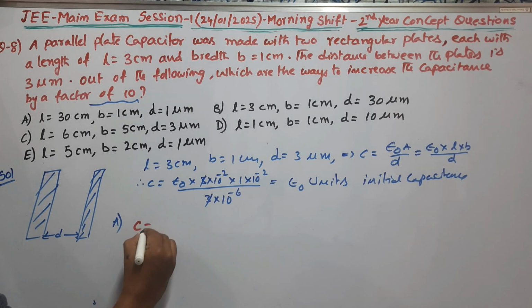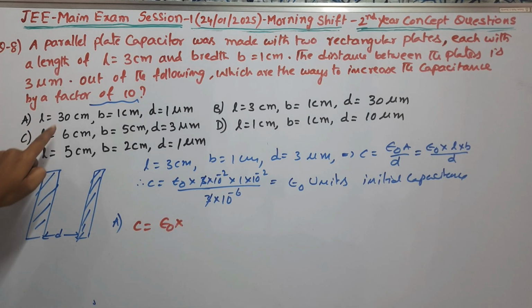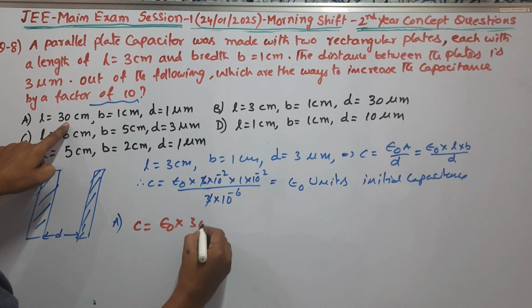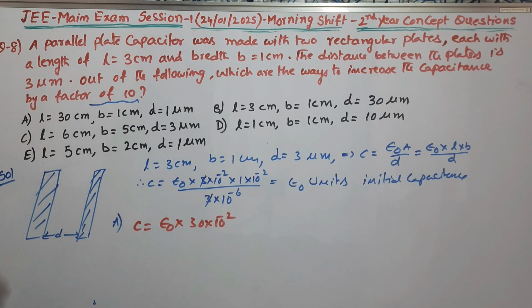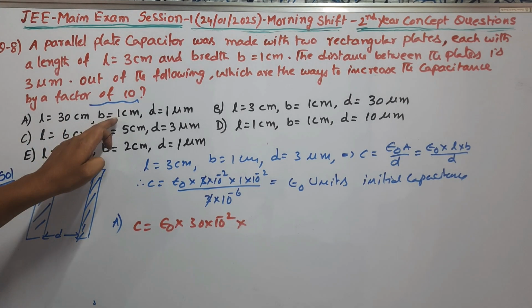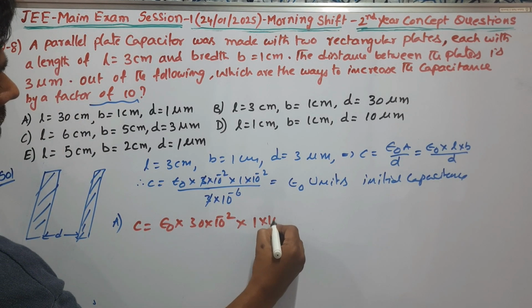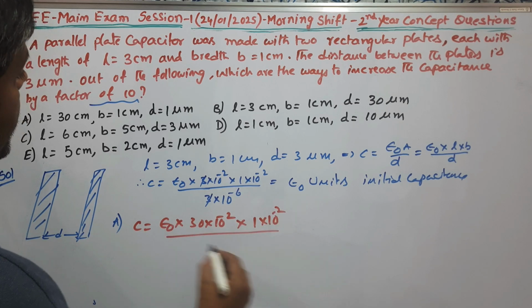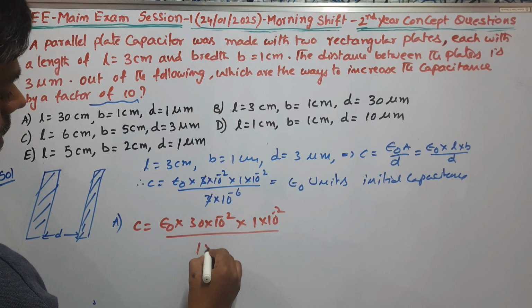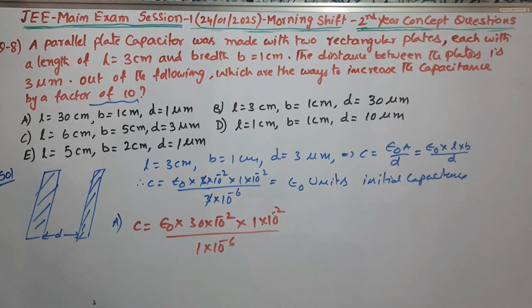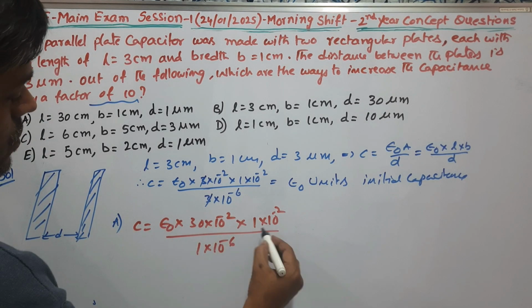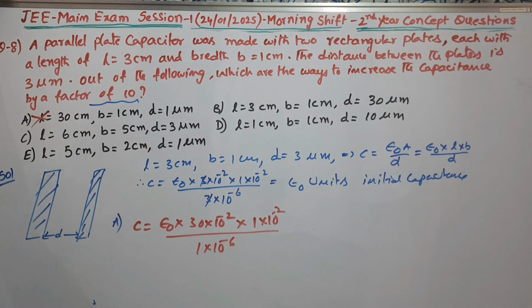That means capacitance is epsilon naught A by D, with 30 into 10 power minus 2 into breadth 1 into 10 power minus 2 by distance 1 into 10 power minus 6. So you get a value of 3 times. So it is not sufficient to get the required value.